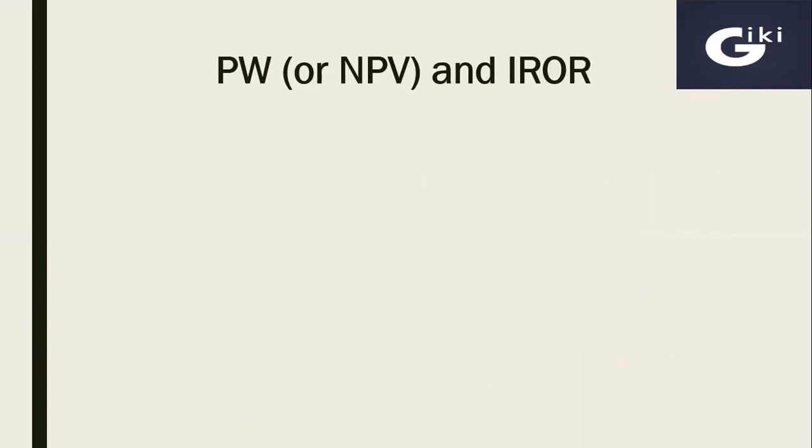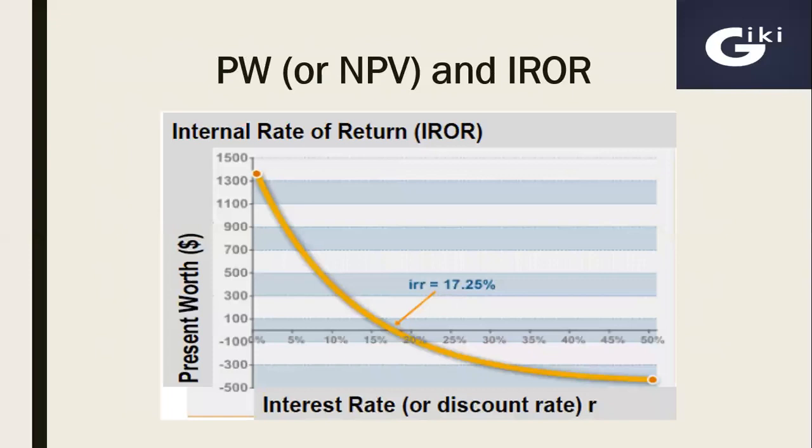So what is the relationship between present worth and rate of return, interest rate or discount rate? Here is a graph to show this relationship. On x-axis we have interest rate or discount rate, and on y-axis we have present worth. So if you see this line, this will show you the relationship between interest rate and present worth.